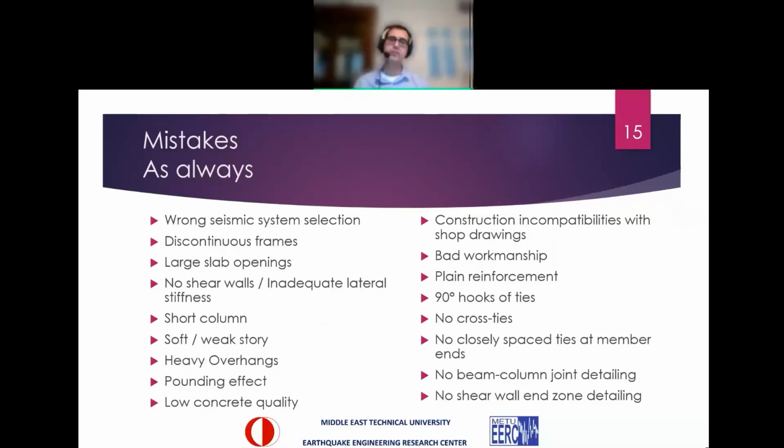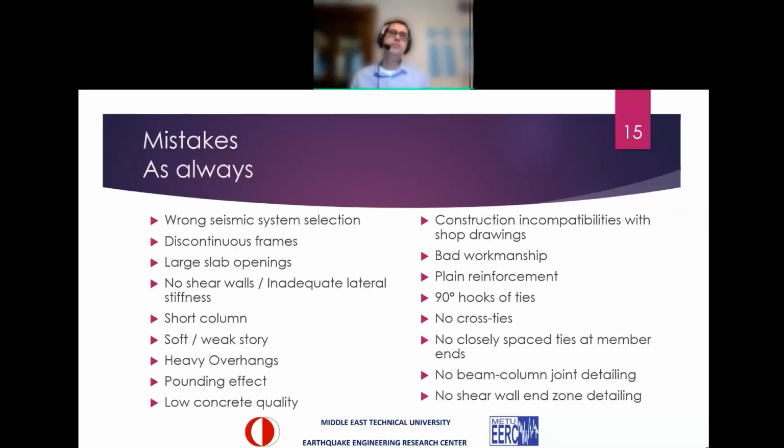Surely we saw, like the Barış building complex, soft and weak story, which can be vital. Just a few infill walls at the ground level, which retard or even prevent soft and weak story creation, can save lives and also can save the building.